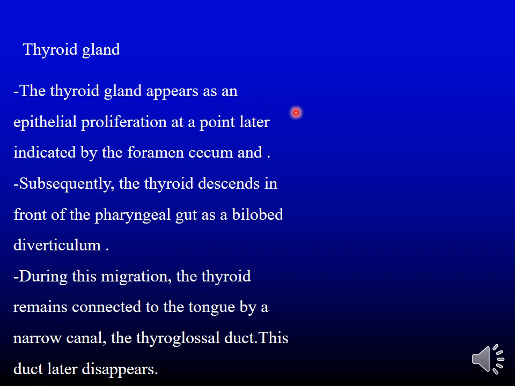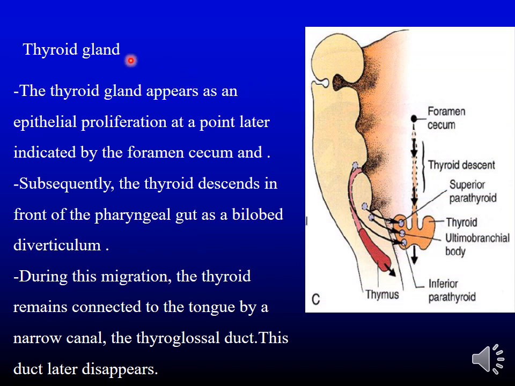Thyroid gland. The thyroid gland appears as an epithelial proliferation at a point later indicated by the foramen cecum. The foramen cecum is located at the terminal sulcus that we mentioned before, which separates the anterior two-thirds of the tongue from the posterior one-third of the tongue.